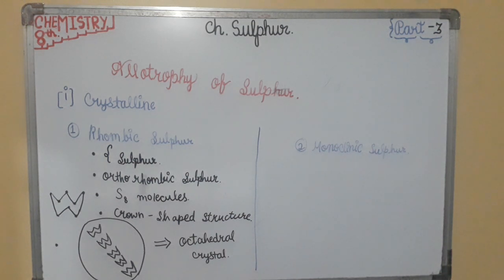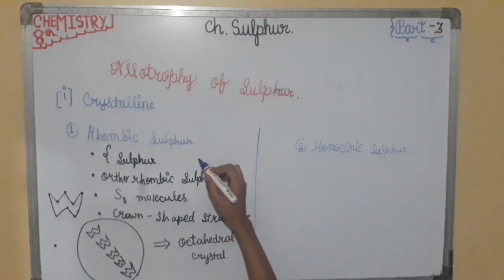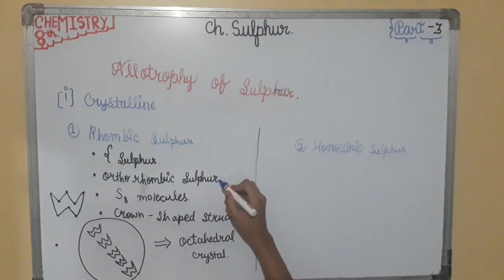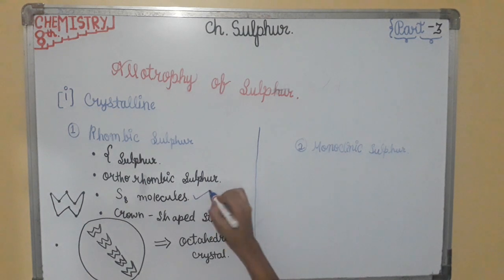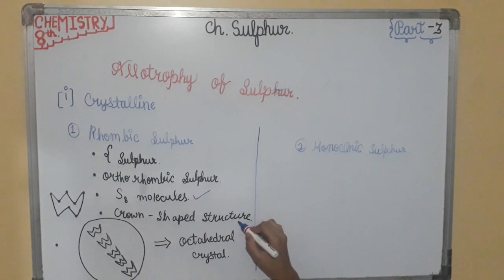Now let's move towards monoclinic sulfur. The same properties are shown by monoclinic sulfur: it has S8 molecules and it is also a crown-shaped structure.